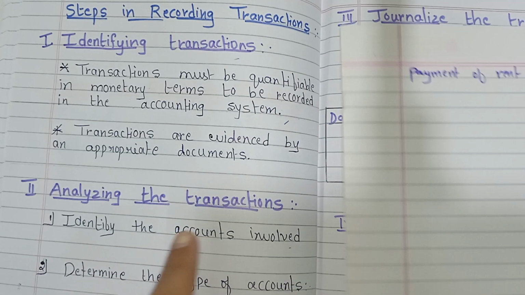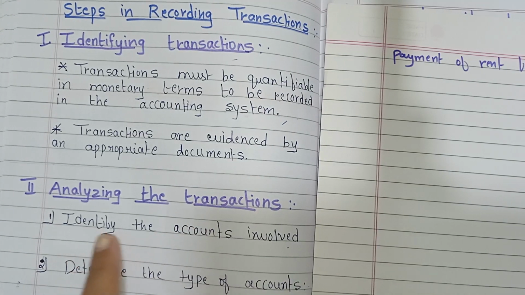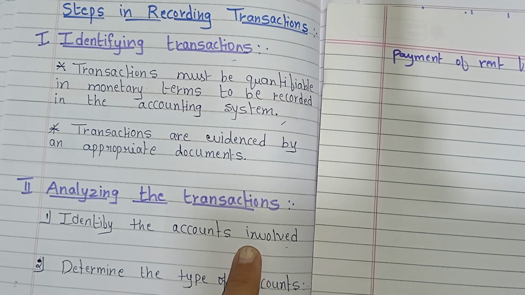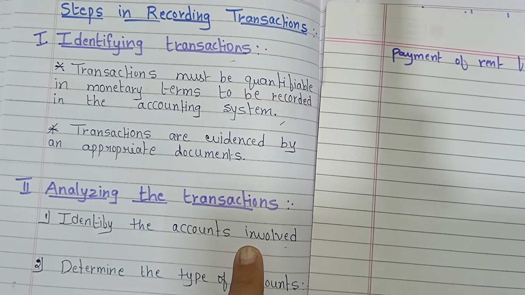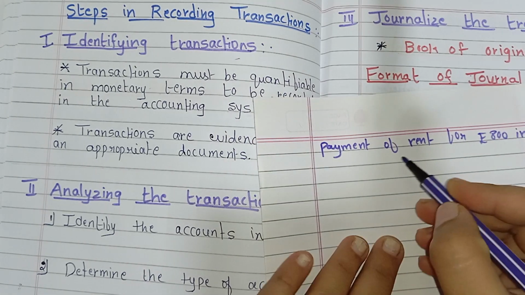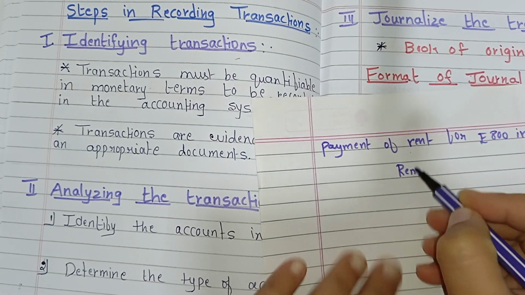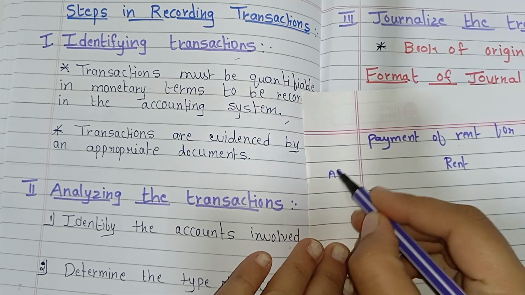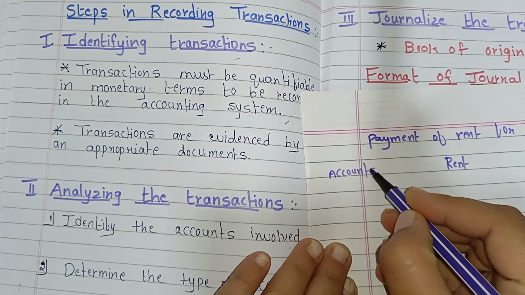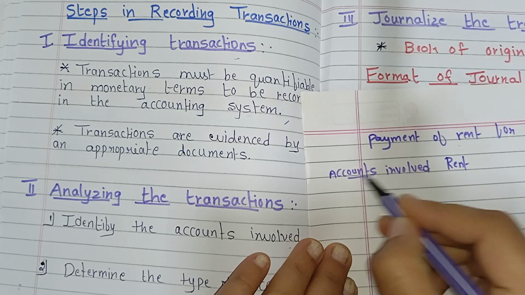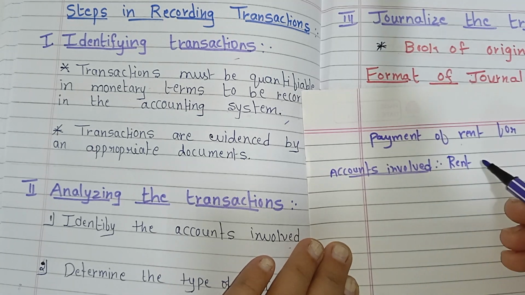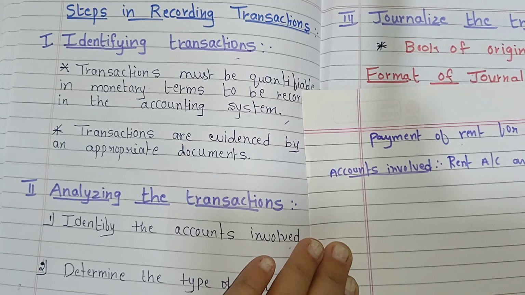See, in analyzing the transaction, the first step is to identify the accounts involved. Here, how many accounts are involved? First one is the rent account, and second one is cash.